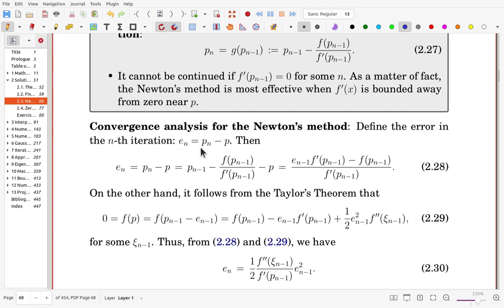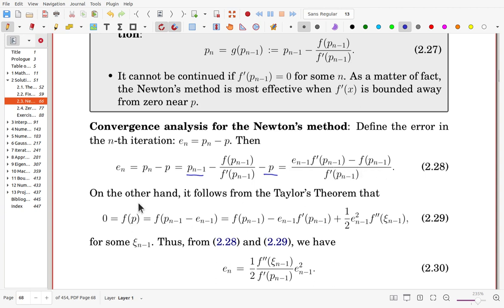En is Pn minus P. Now Pn is the same as the iteration formula we are using here, minus P. Now Pn minus 1 minus P makes En minus 1, so this quantity is the same as En minus 1 minus that one. So by using this denominator, we combine into this one term.